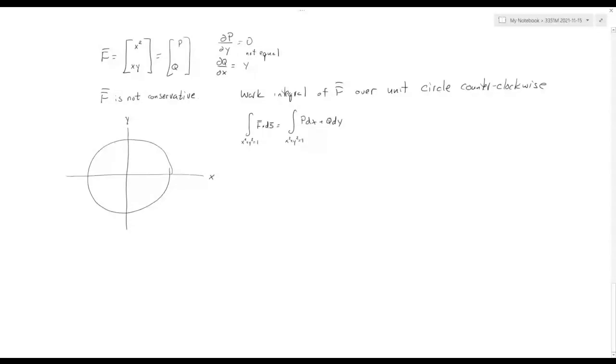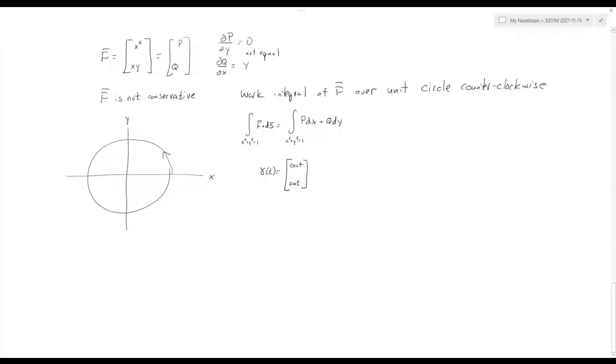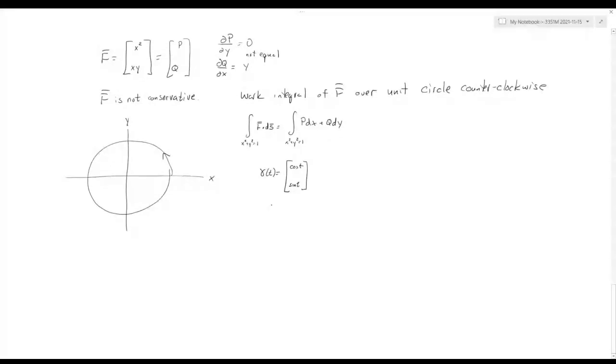Now, to evaluate the integral directly, we need a parametrization for our circle. So we'll choose the obvious one. Gamma of t is cosine t, sine t, and we know that that gives you counterclockwise orientation for the circle. And to go all the way around, t has to go from 0 to 2 pi.